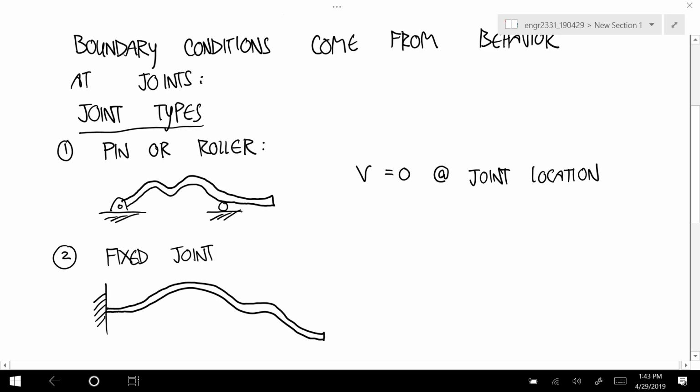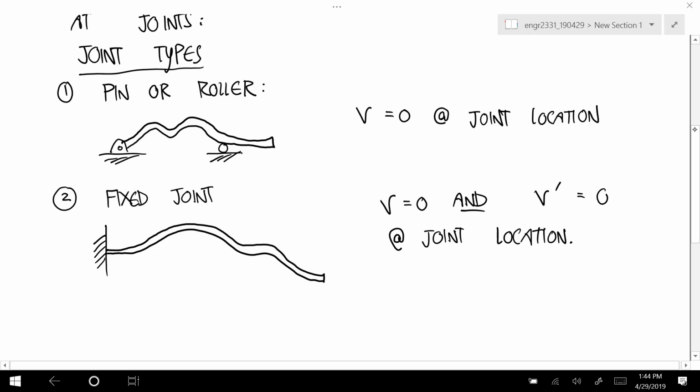This says that V is equal to 0 and V prime is equal to 0 at the joint location. And the idea is we're going to use these joint restrictions to solve for the constants of integration.